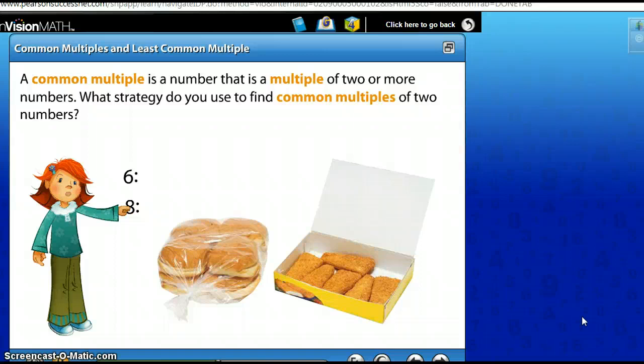We had to make a list of something, but what were we making a list of? What numbers can go into 6 and 8?